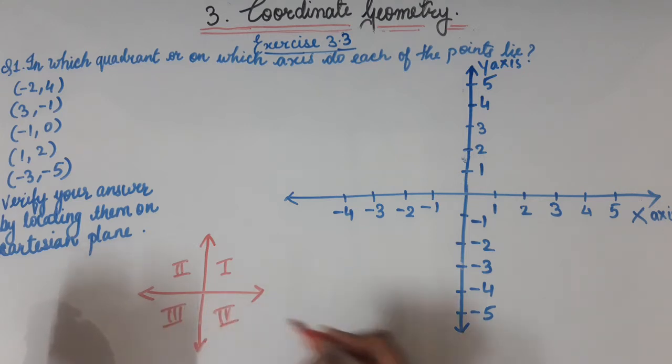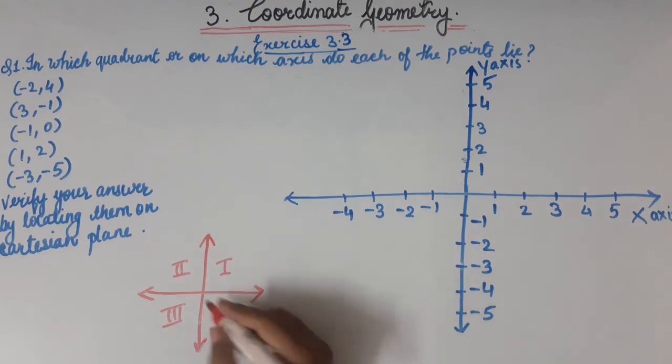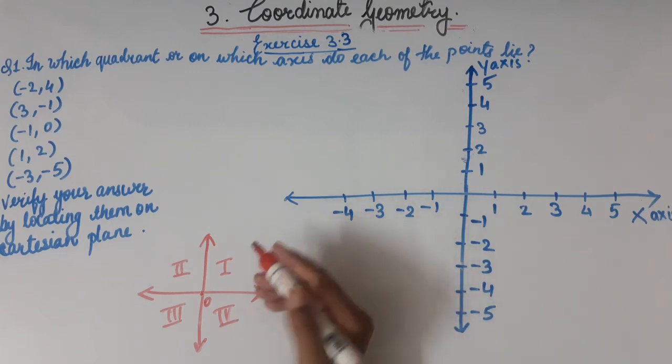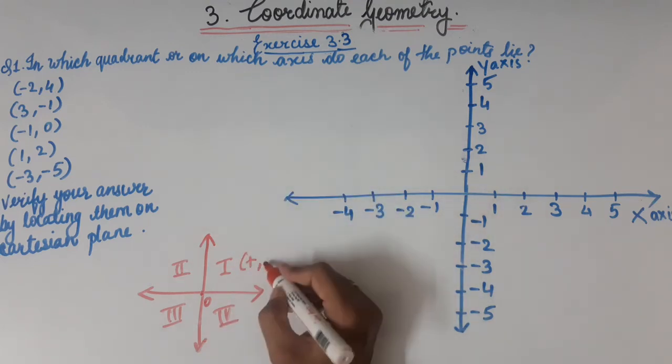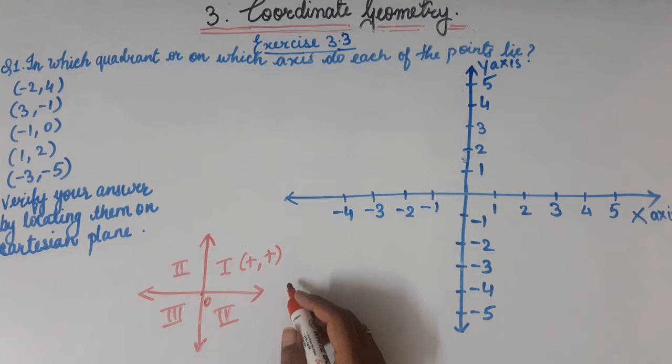Here is the origin, to the right side of origin positive, above origin positive. So the first quadrant lies to the right of origin and above the origin. Right means positive, so x coordinate positive. Above means positive, so y coordinate also positive. This is the sign convention for the first quadrant.